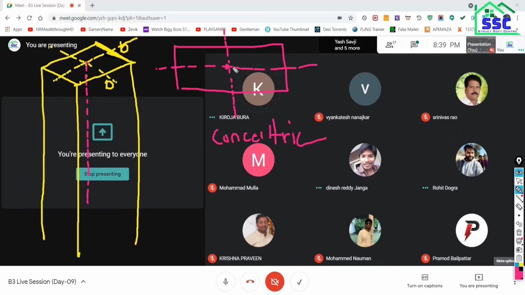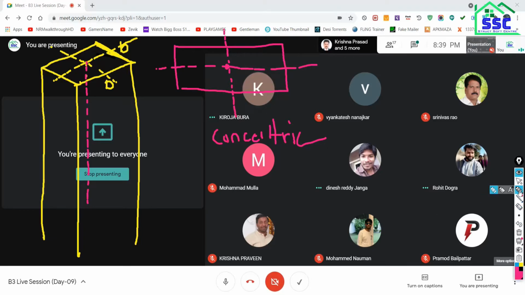Concentric column. That means this column is subjected to a concentric load at its center, exactly at the CG of the column. Through there the force is going to pass, from the center of gravity of your column. This is the first type of column, the concentric column.